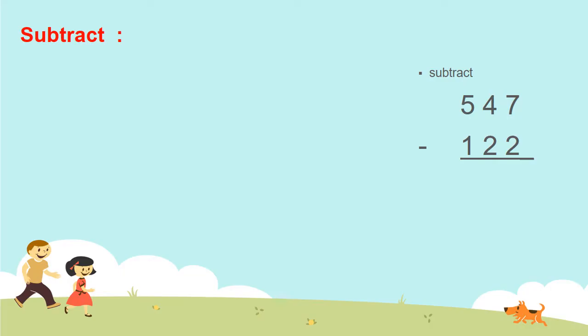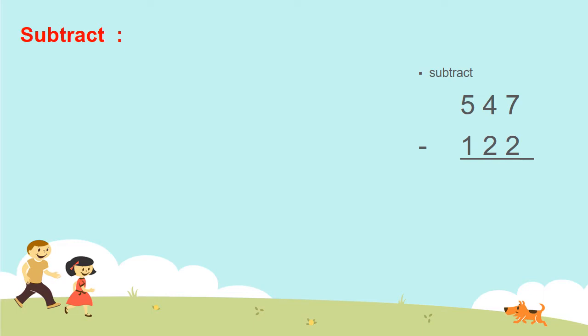My first example. Now here I need to read the number. Where do I start reading? From the hundred. It's 547. This number is 122.